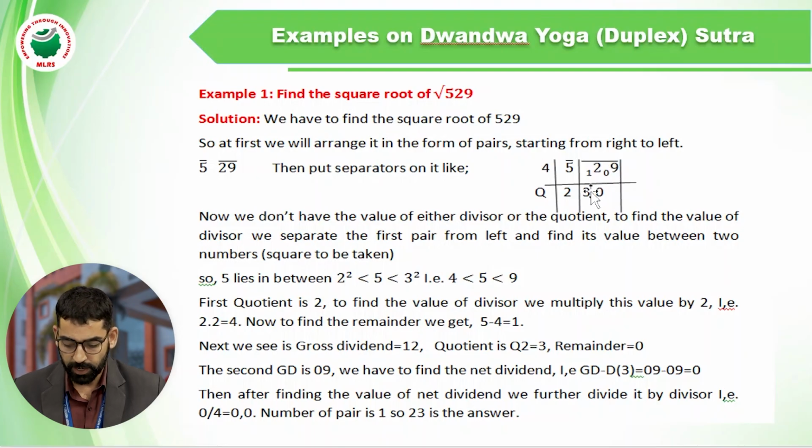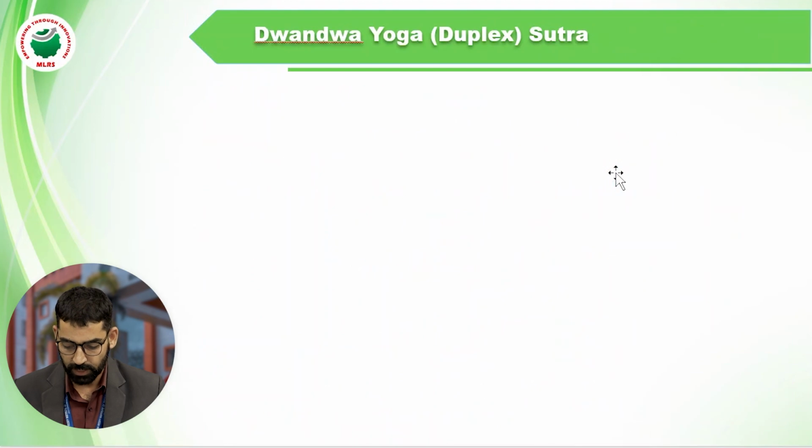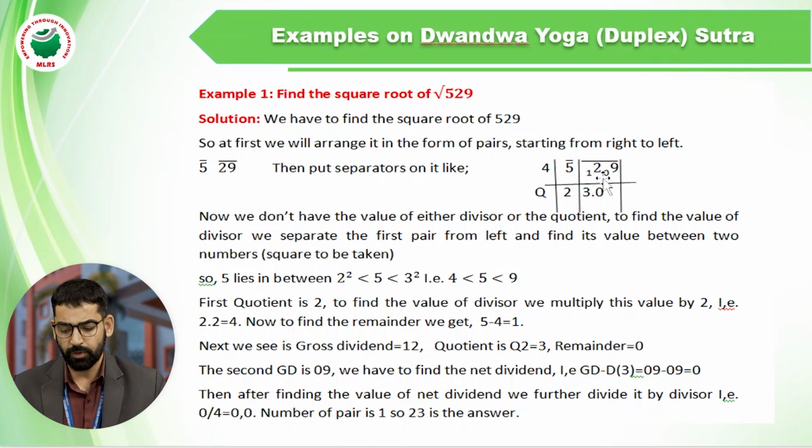So the gross dividend in this case is 9, and when we find the net dividend, we simply subtract from the gross dividend, that is 9, the duplex of this quotient. Here you can see in this compartment the number is 3.